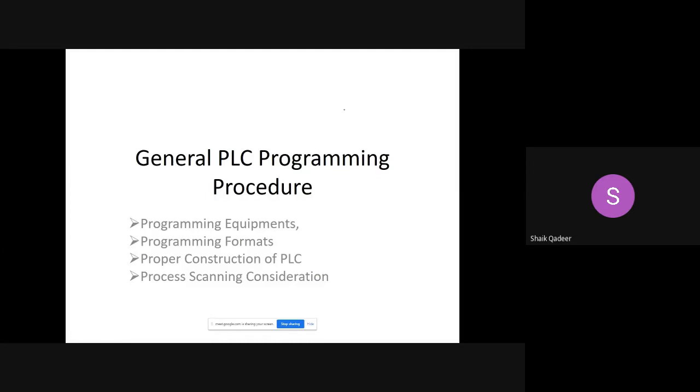So this is the second part of unit 1, general PLC programming procedure. Under that, these are the things going to be covered. Programming equipment. Remember, PLC programming falls in the category of firmware programming, right? What is the meaning of firmware programming?